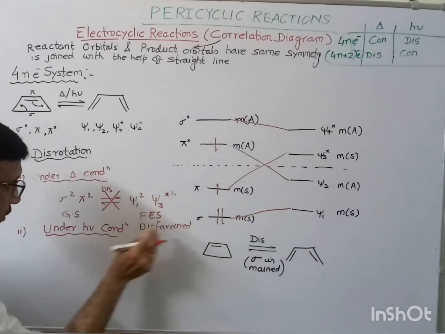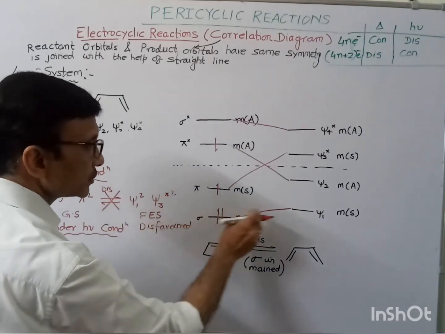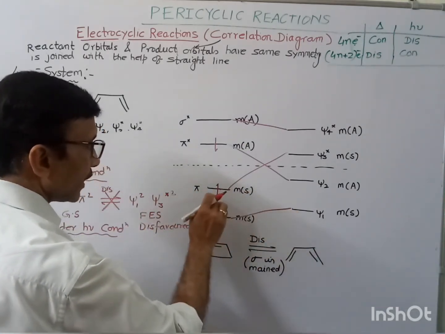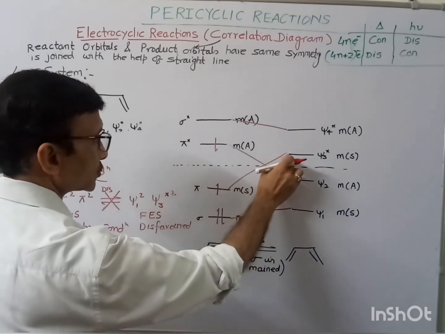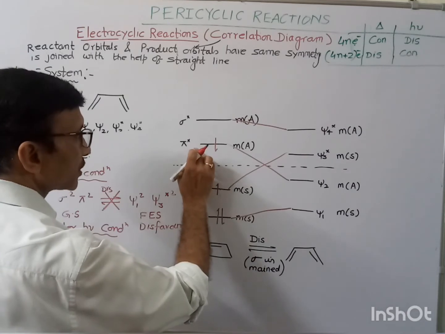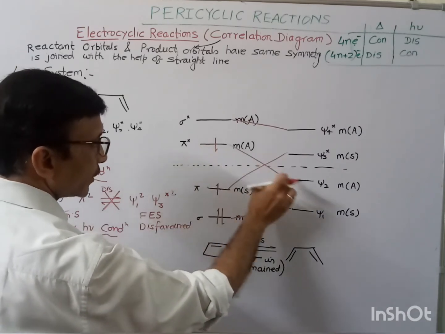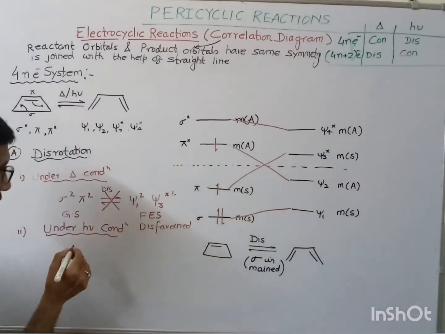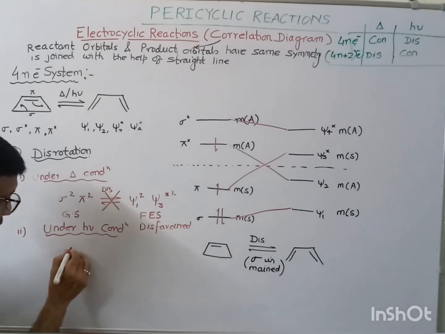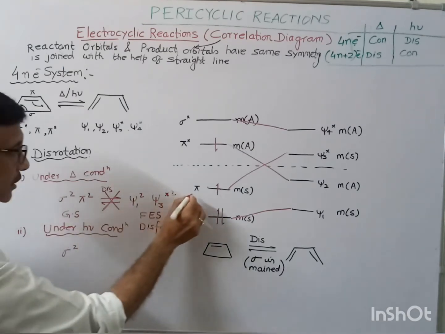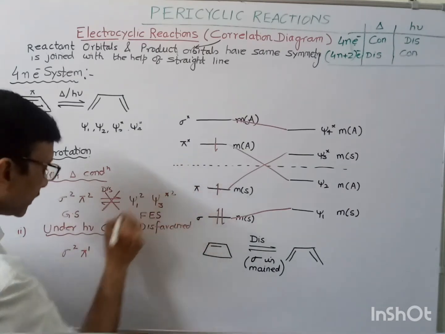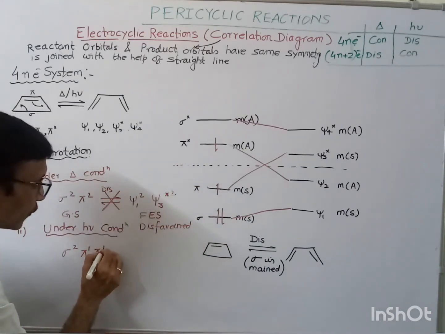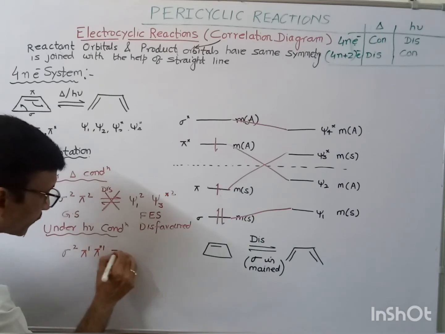Now what you can see, from here the electron is going into here, and from here this pi electron, one pi electron is going into psi 3 star, and a pi star electron is going into psi 2. So what should I write here? Sigma 2 electrons are present, in pi 1 electron is present, in pi star 1 electron is present.